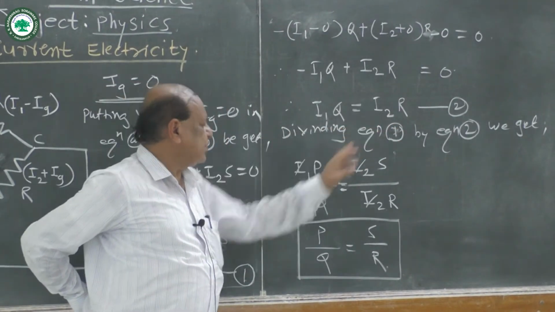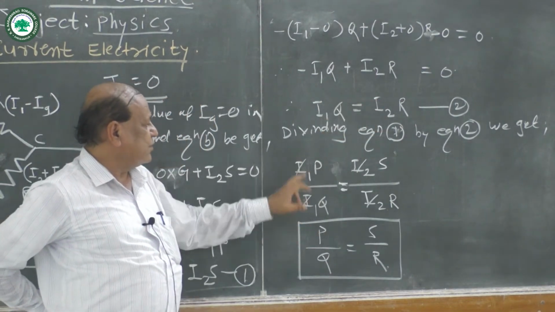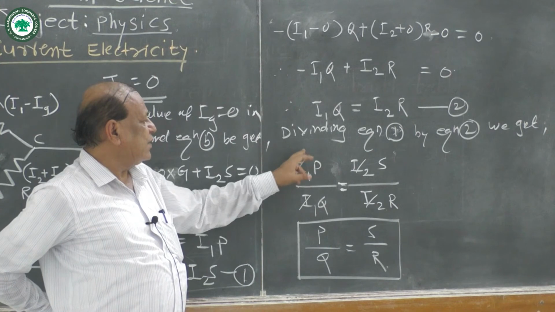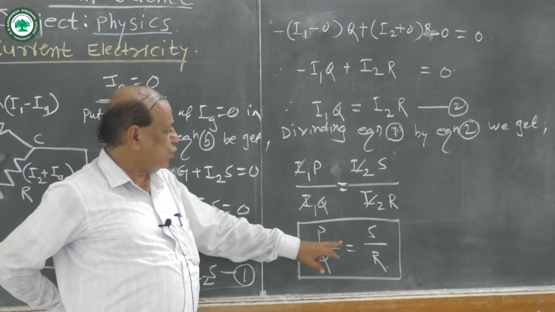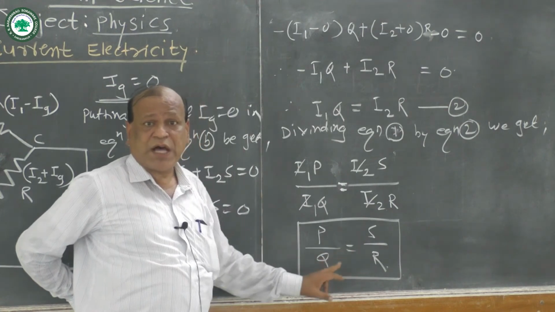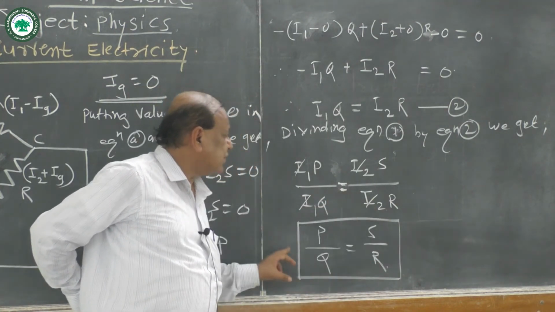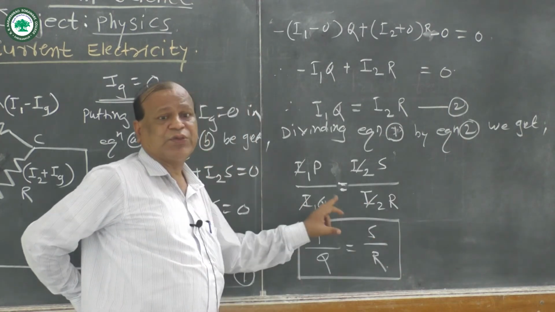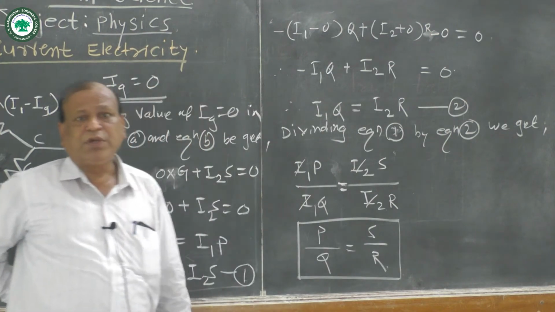Now dividing equation 1 by equation 2, we get P divided by Q is equal to S upon R. This is known as the balancing condition for Wheatstone's network, that is P upon Q is equal to S upon R.